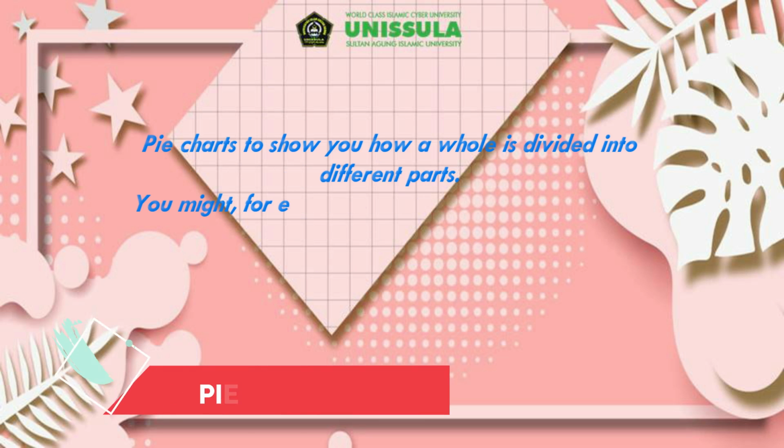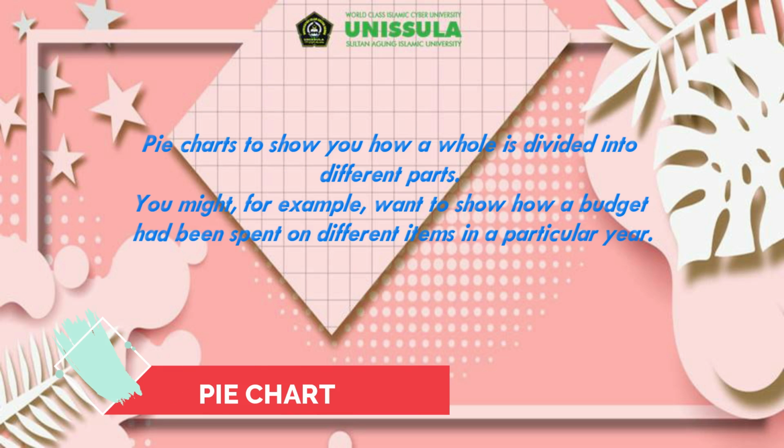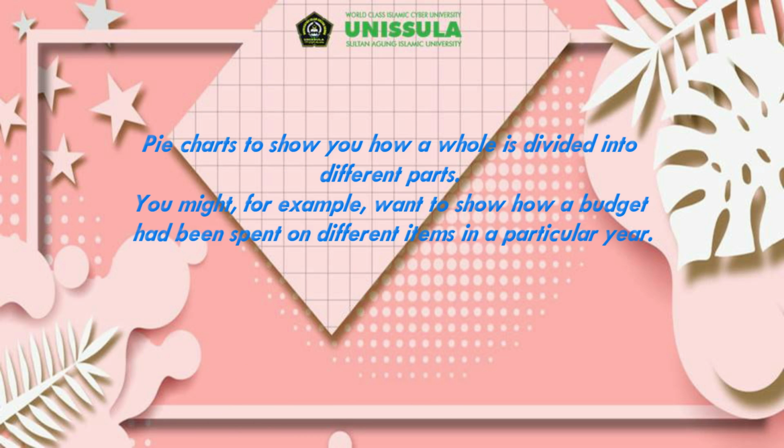And then, secondly, pie charts. The pie chart shows you how a whole is divided into different parts. You might, for example, want to show how a budget had been spent on different items in a particular year.